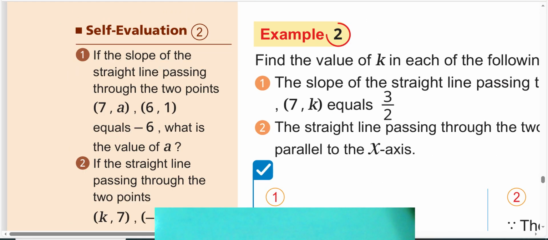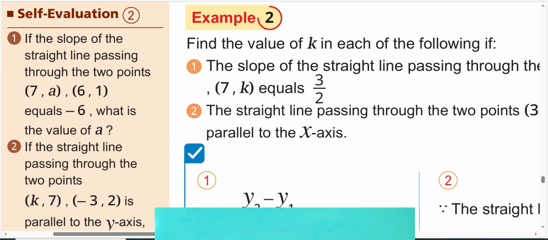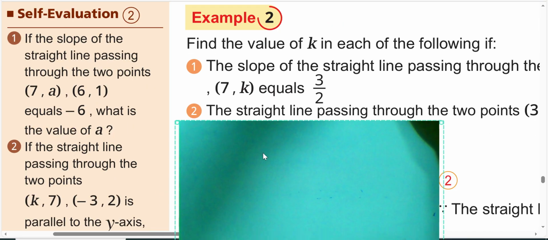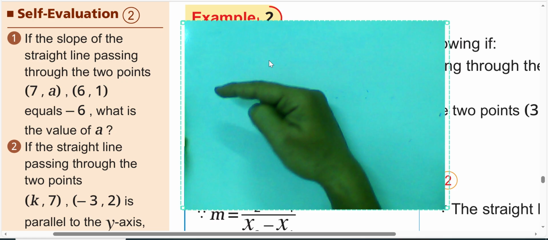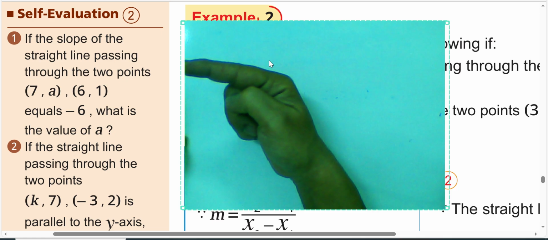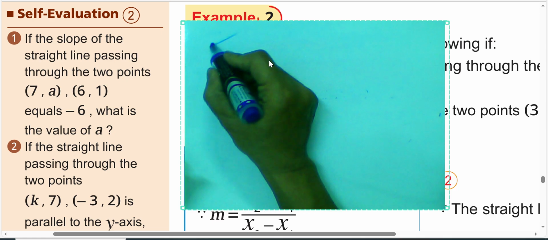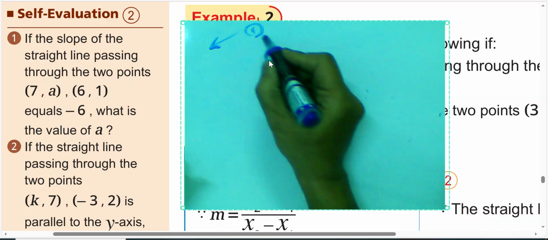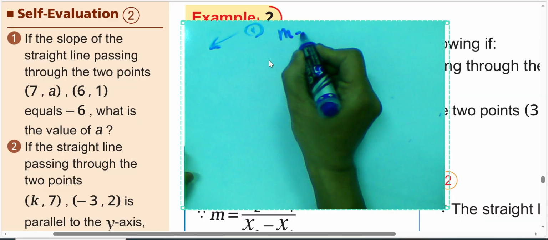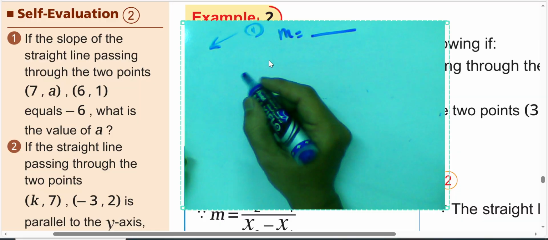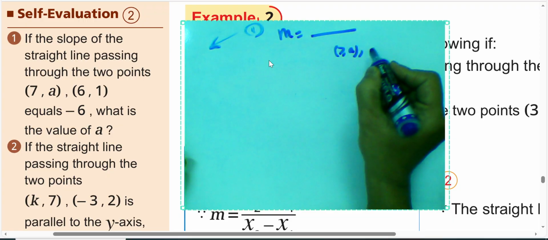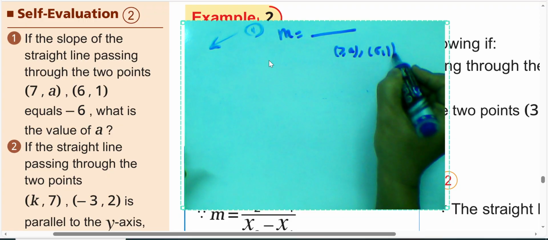First question: the slope of the straight line passing through 2 points (7, A) and (6, 1) is negative 6. I will solve question number 1 here. First, I will find the slope between 2 points. He gave me first point (7, A) and second point (6, 1).